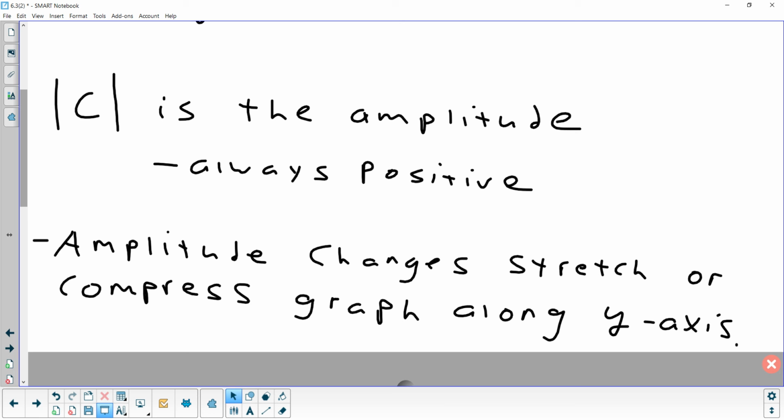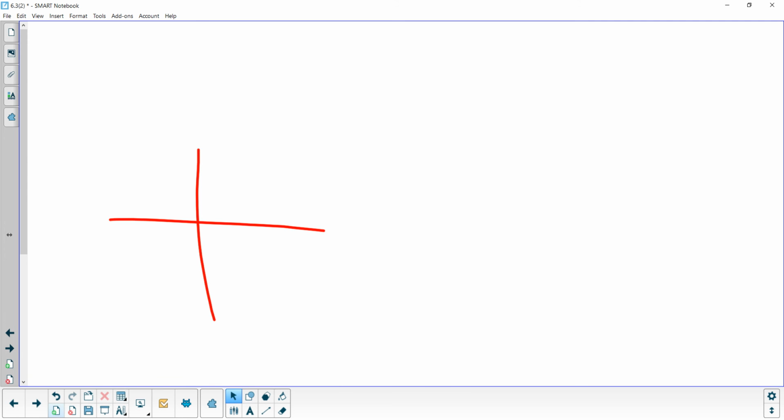So think about if you had a coordinate at like, let's just make something up, like here. Let's say (2, 1). And you did a vertical stretch on that point.